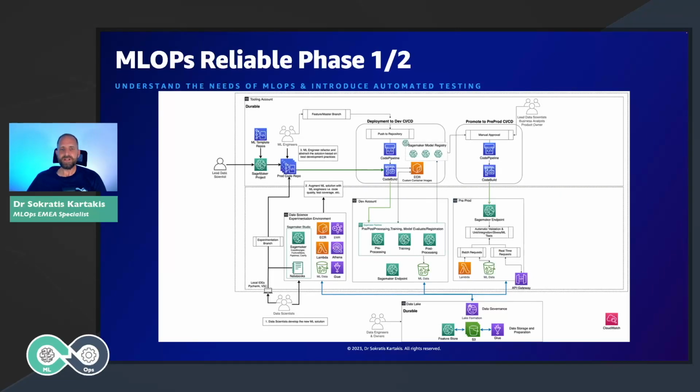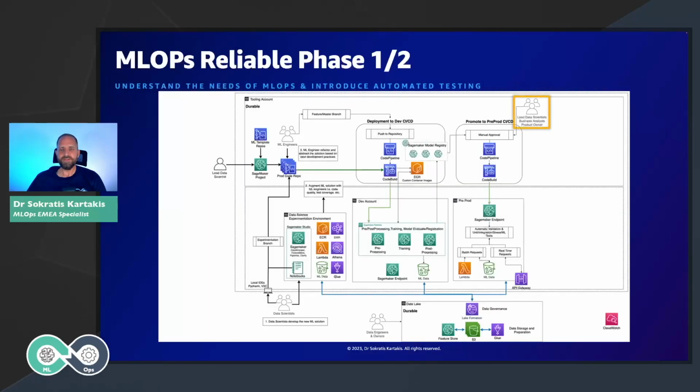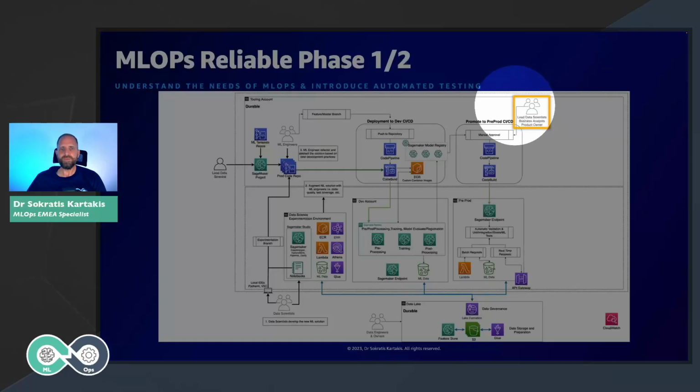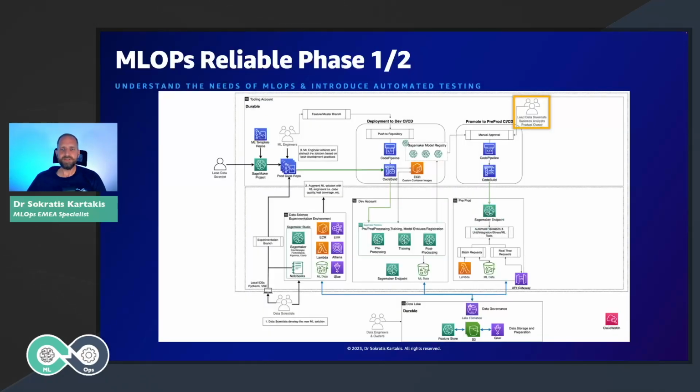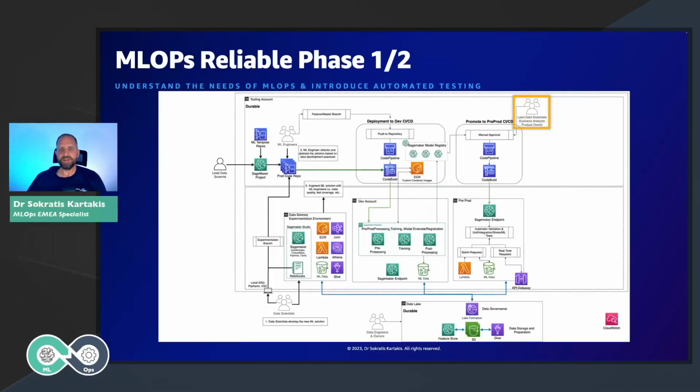How do we now trigger different models to go into pre-production? From the model registry. The approvers that we have here are responsible for approving the right model, model version 3 for example, to go to production. This will trigger a CI/CD pipeline and it will deploy, for example, in real-time use cases, a SageMaker endpoint. Then it will run the different tests that we have in the model deploy repository.